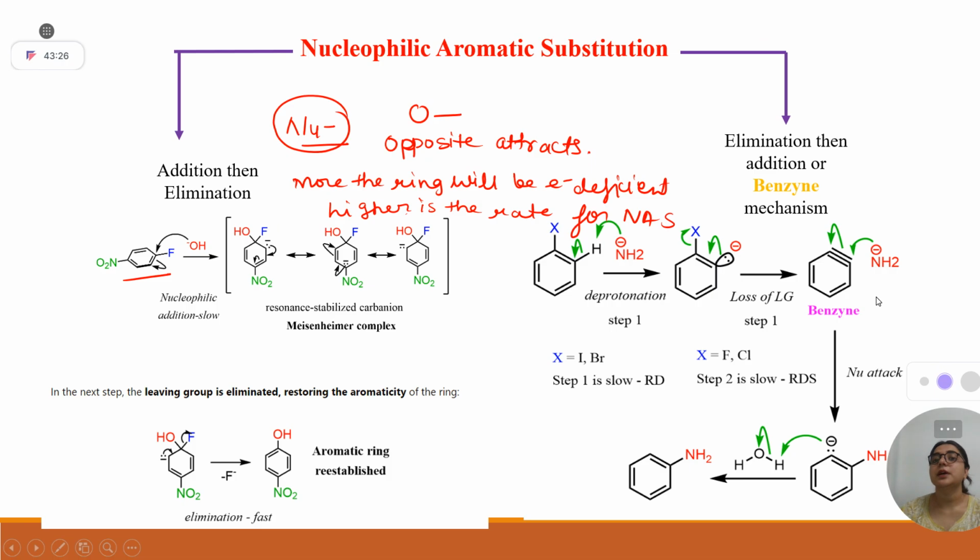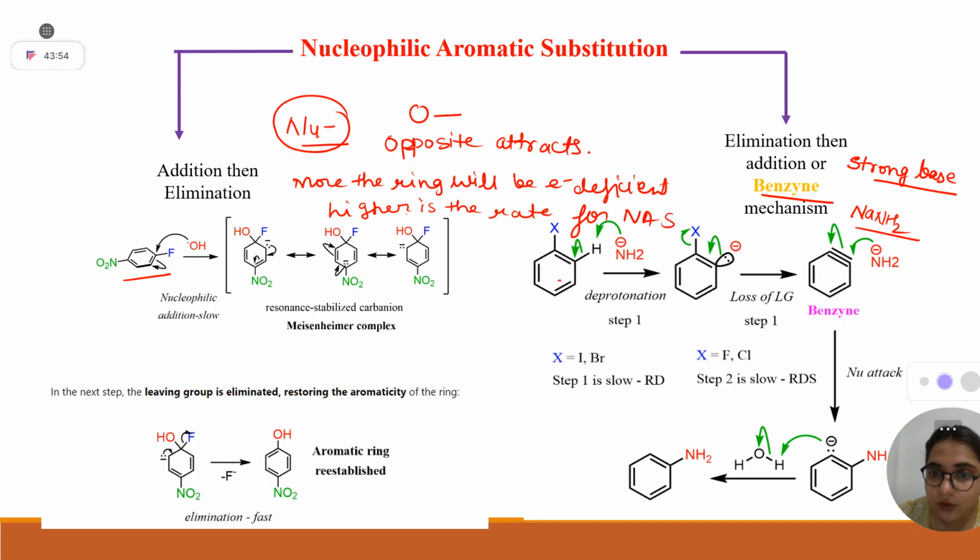Another is elimination then addition. Now you will ask, ma'am, how will we know whether it is elimination then addition? For that, one key feature of the benzyne mechanism is that you will get a strong base as your reagent. If anyone recalls, NaNH2 is a strong base. Yes or no? Why a strong base?